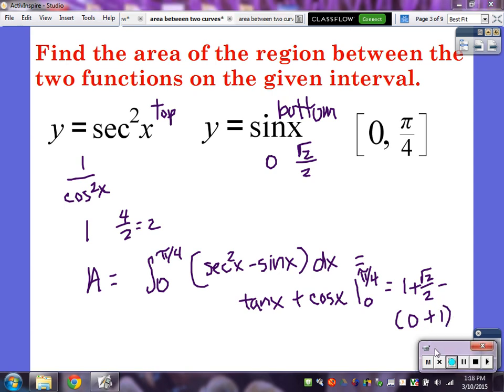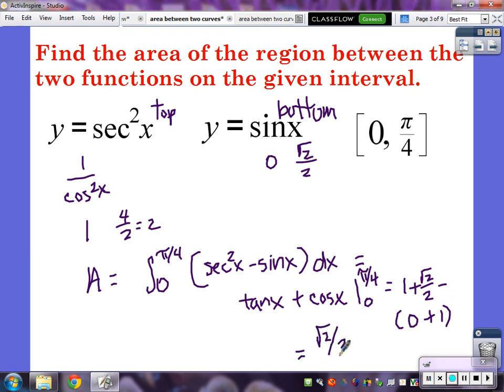And so I would have my 1 minus 1 cancel, and this would be equal to the square root of 2 over 2. So, area between curves, basically you set up your integral on the interval given, and you find your top curve minus your bottom curve, integrate, evaluate, and you're done.